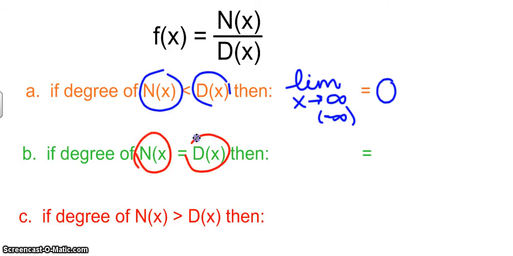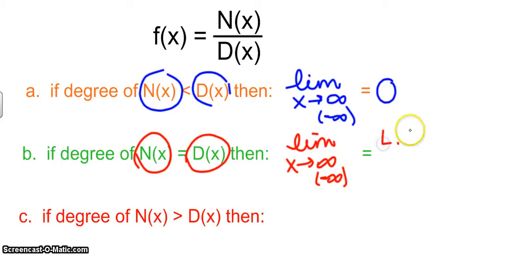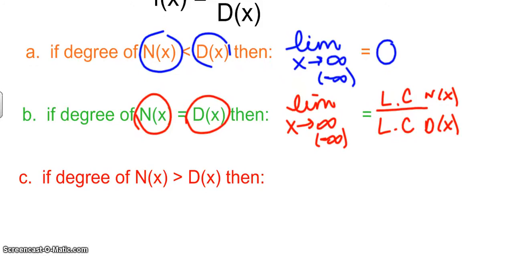If the numerator equals the denominator as far as their power goes, then the limit as x goes to infinity or negative infinity is going to equal the leading coefficient of the numerator over the leading coefficient of the denominator, just like it did for finding the end behavior asymptote.